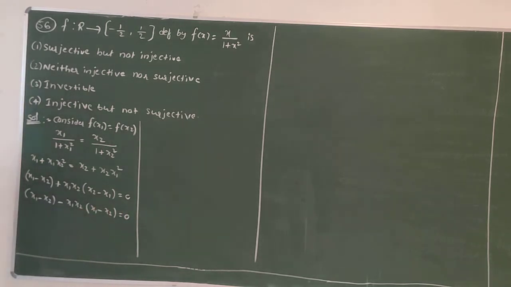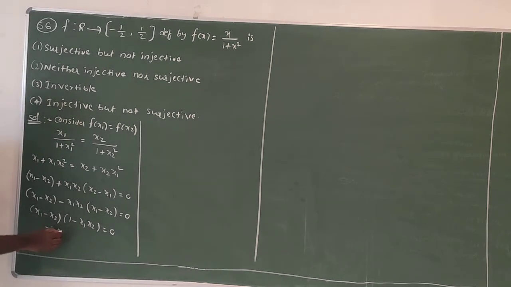Again in this line you can take x1 − x2 common, then what you will get? (x1 − x2)(1 − x1x2) equals 0. But x1 − x2 is not 0, that implies x1 is not equal to x2.